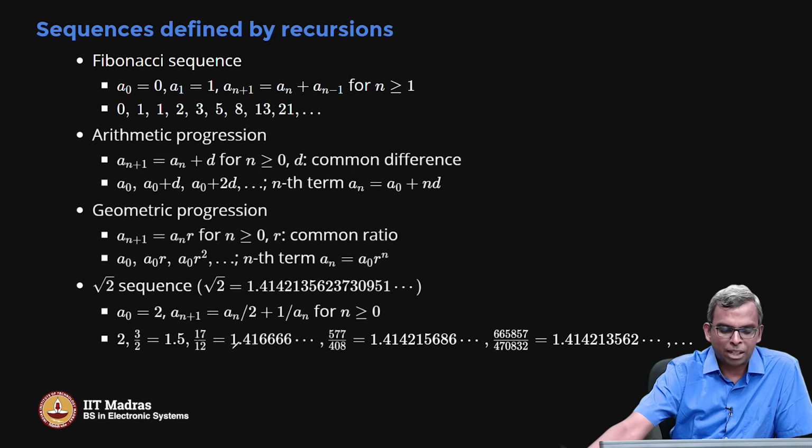And let's just evaluate a few steps in this recursion just to get the sequence. It starts with 2, and then if I put an equals 2, what do I get? 2 by 2 is 1, 1 plus 1 by 2, 1.5, right? So, that's 3 by 2. And then if I put an as 3 by 2, I'm going to get 3 by 4 plus 2 by 3, you can evaluate it as 17 by 12.